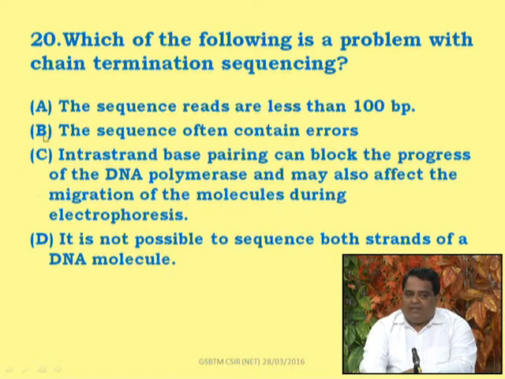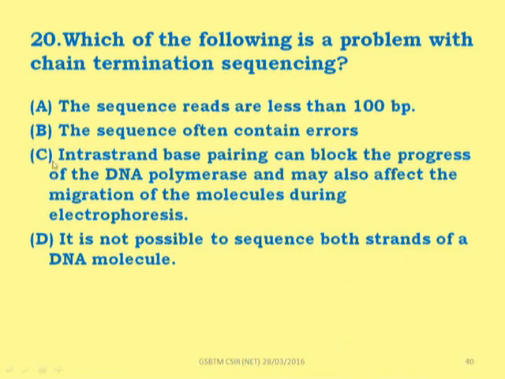So intra-strand base pairing can block the progress of DNA polymerase and may also affect the migration of the molecules during electrophoresis, which sometimes happens. It is not possible to sequence both strands? There is no need to sequence both strands. Once you sequence one strand, the complementary strand is already known. So C is the right answer of this question. Next one.